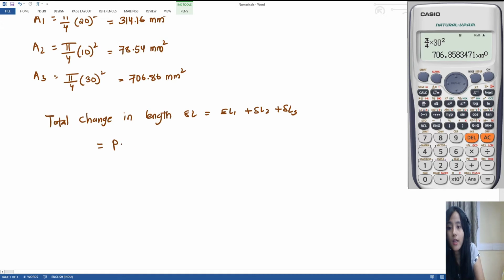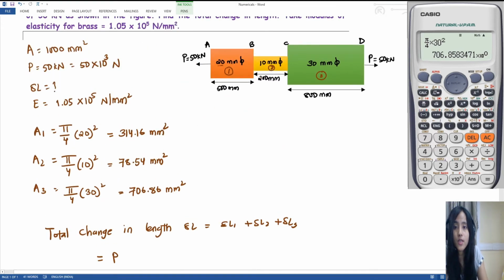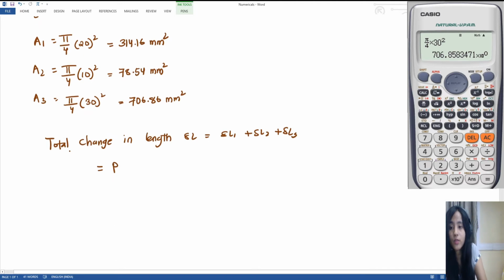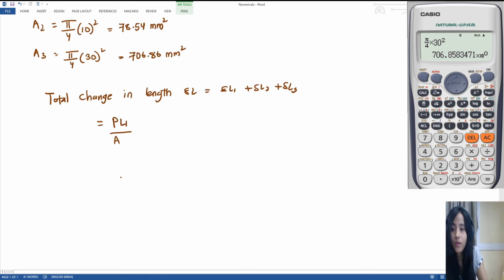The lengths of the sections are different, right? 500, 200 and 800, so L will change. The areas are different, so it will be P L1 by A1 E, plus similarly P L2 by A2 E, plus P L3 by A3 E. So from here, let us take out the common.